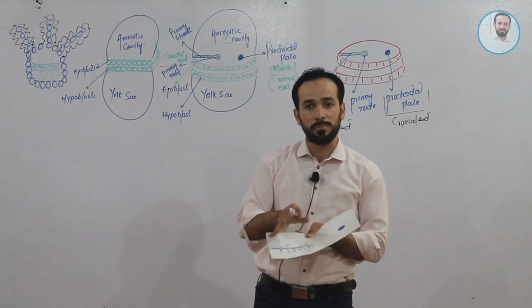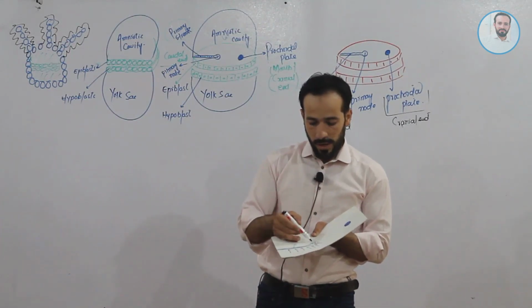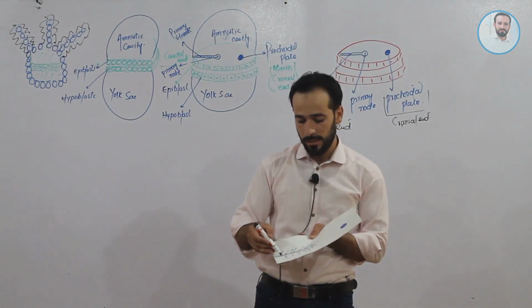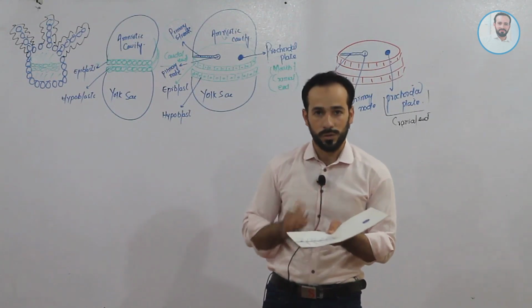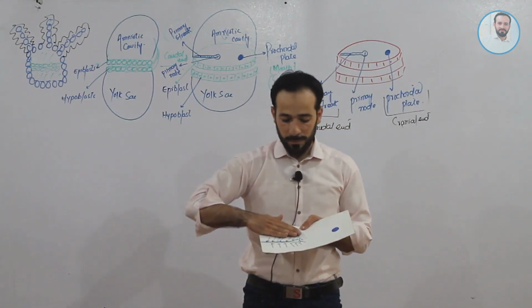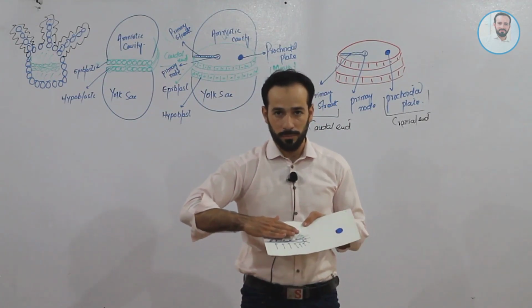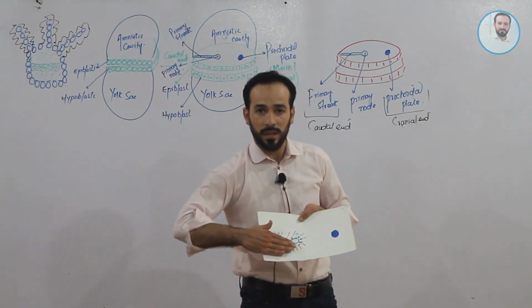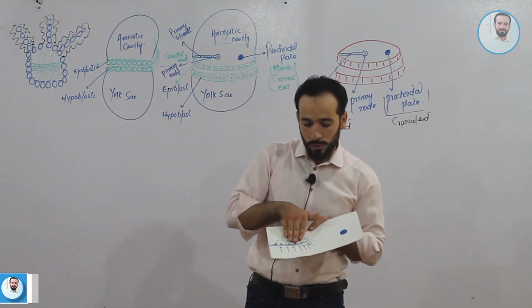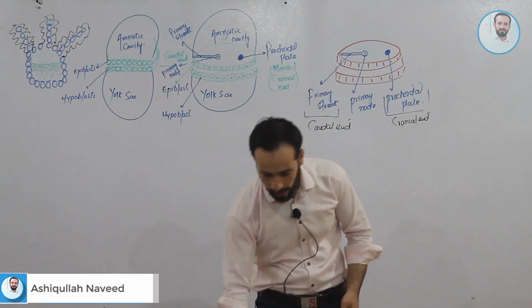Cells have started multiplying, dividing, and moving towards this streak and this node. Cells are multiplying and moving towards the streak from this side also, from the caudal end also. What will happen?